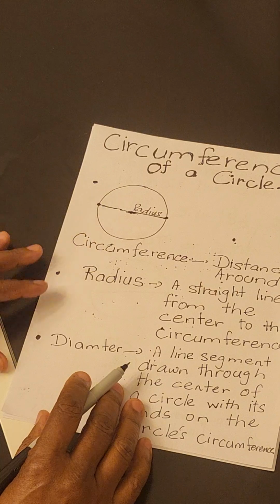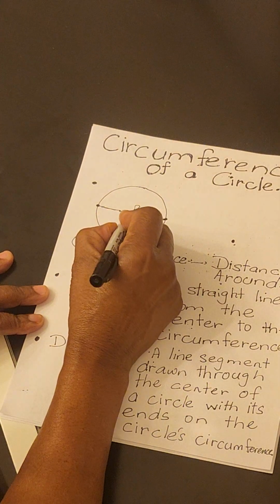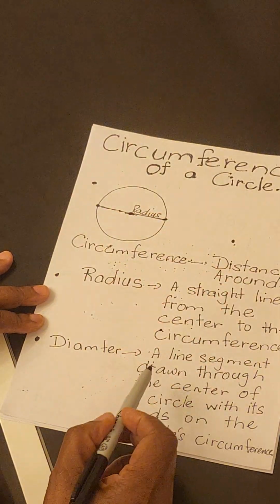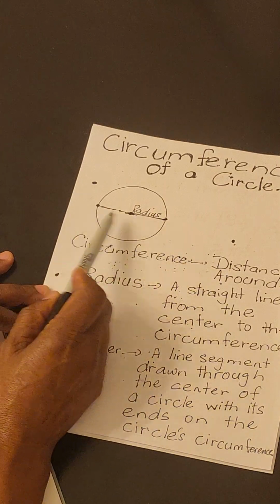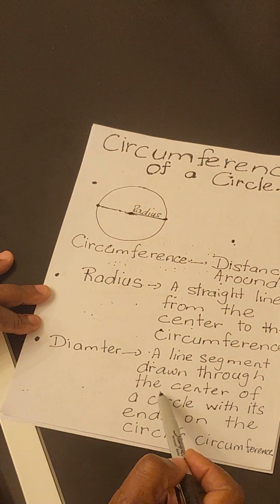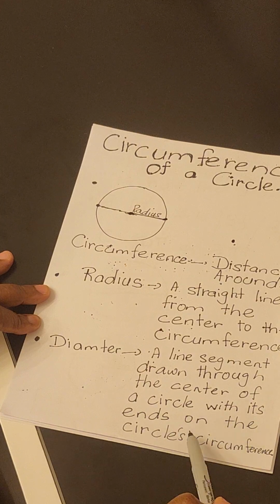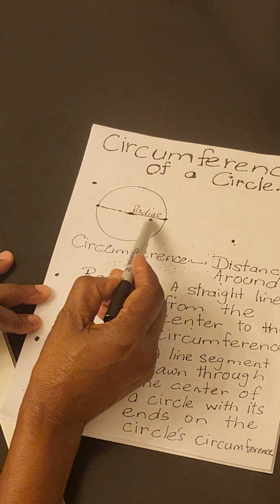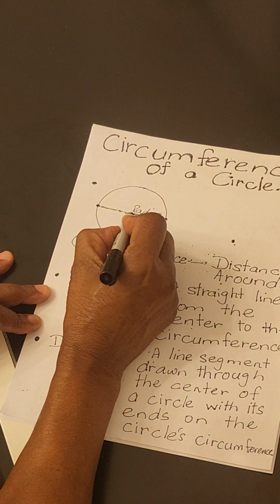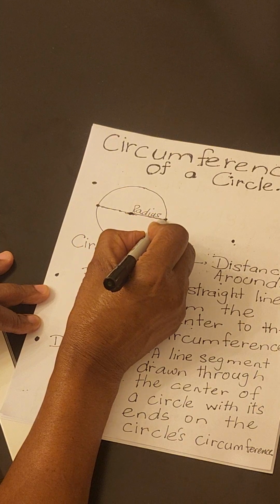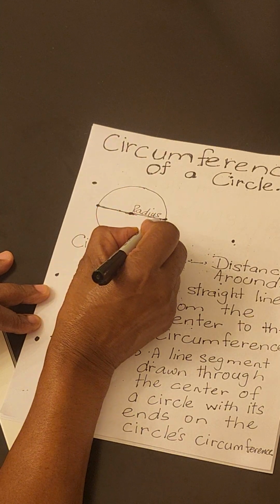It is called the diameter. The diameter here is a line segment drawn through the center of a circle with its ends on the circle's circumference. So from here to here is a radius, and from here to here is a diameter.